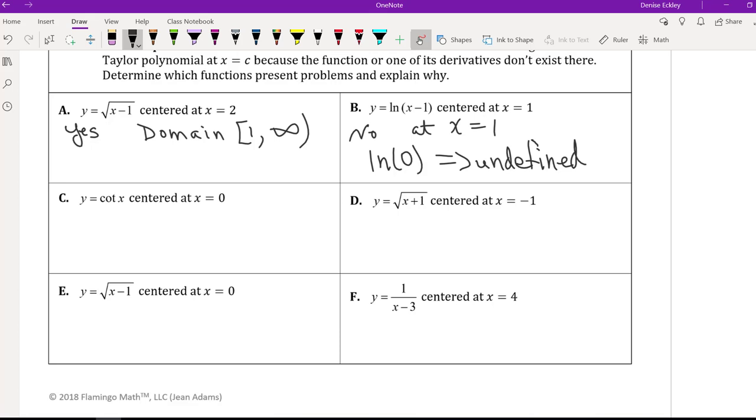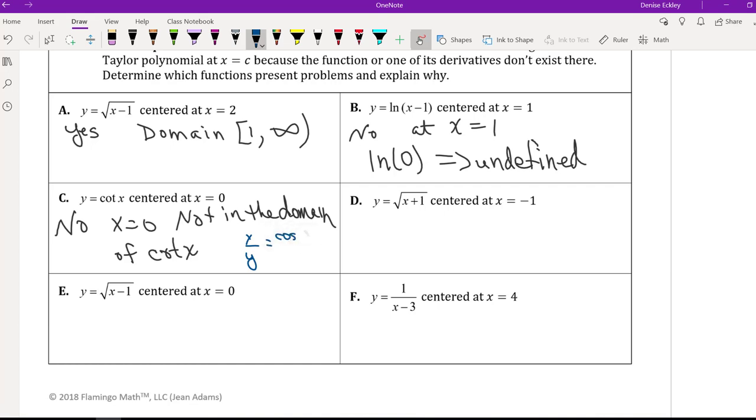Again the answer is no, because x equals 0 is not in the domain of cotangent of x. If you're not sure, remember cotangent is cosine over sine, so at 0 you would have 1 over 0, which is undefined.